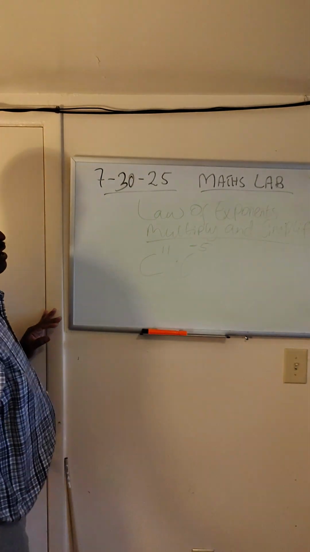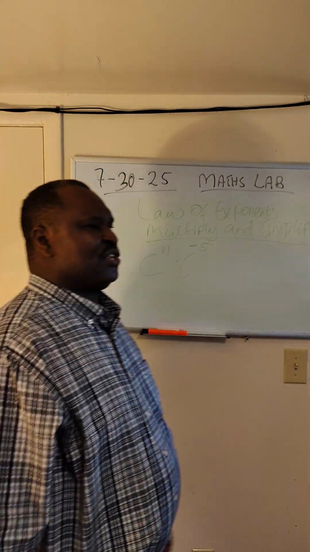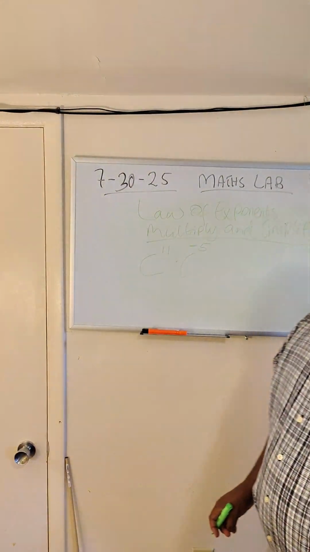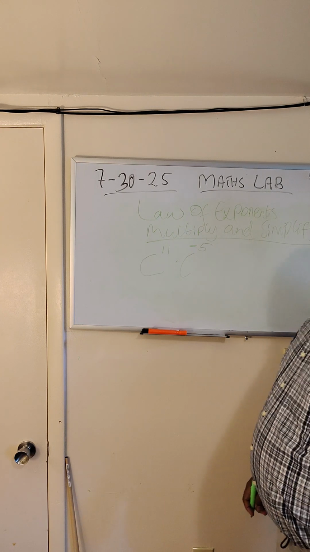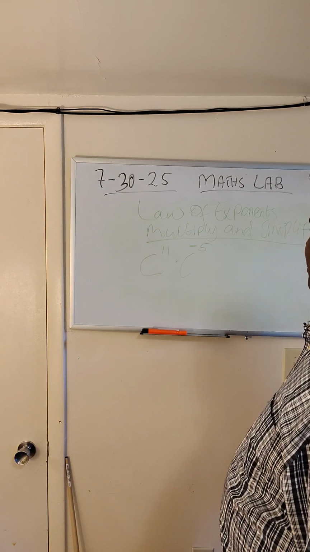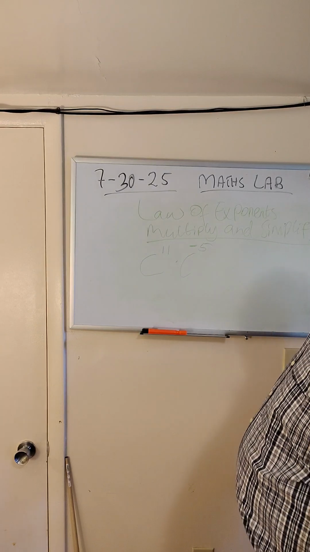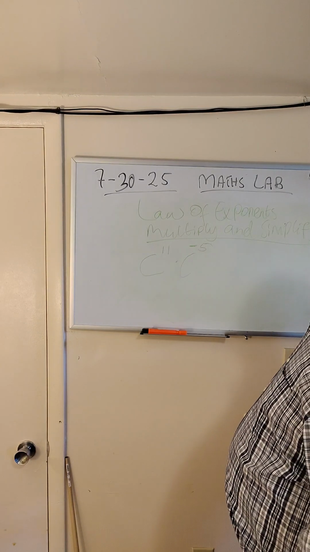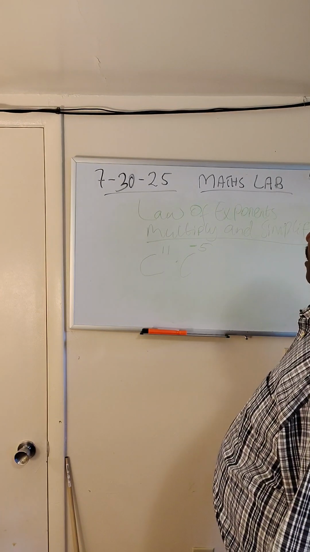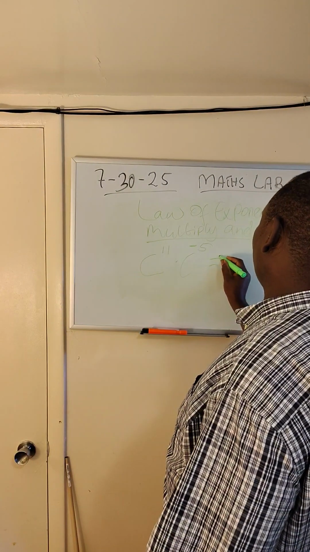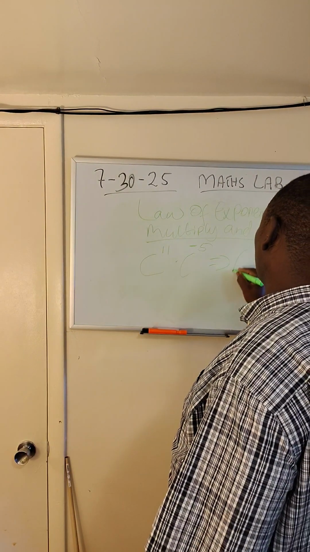When you give it like that, you see c is constant because it's appearing more than one time. So we're just going to say c, we're going to use 1c.